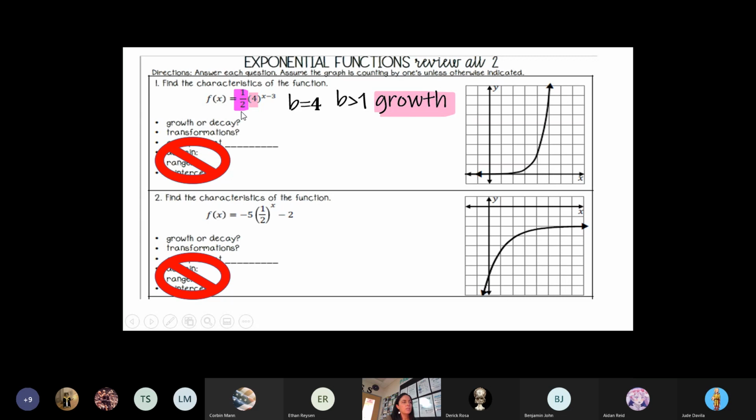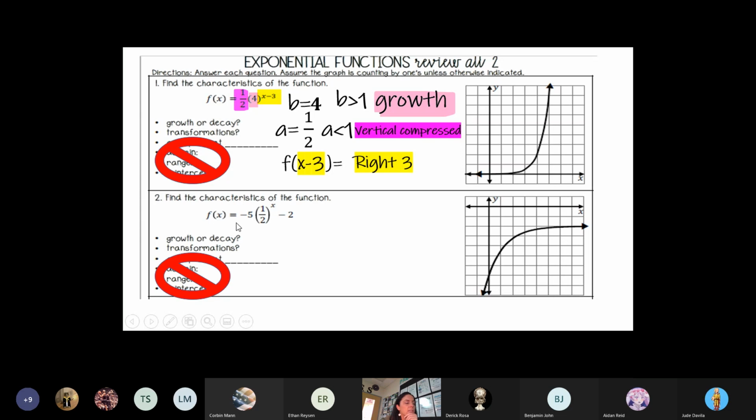My A term here is 1/2. If my A is less than 1, then I'm going to be vertically compressed. Then I have this x minus 3. And this x minus 3 is going to cause it to move to the right 3.